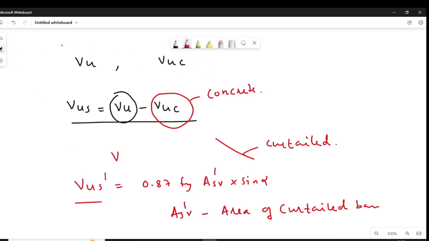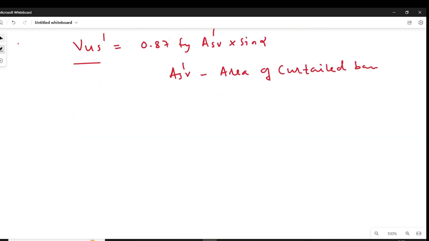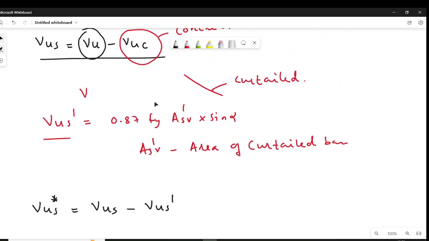So here the net shear force is VUS star, okay, equal to VUS minus VUS dash. One more thing you have to remember here, when you are calculating, VUS dash should not be greater than VUS by 2.